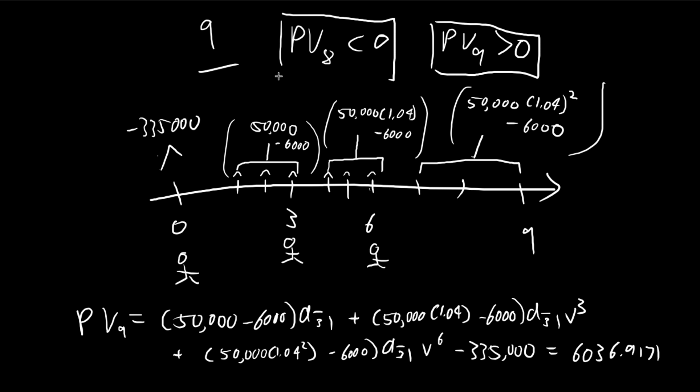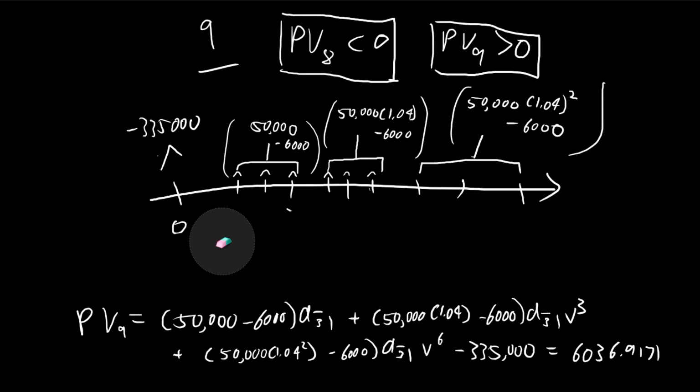We need to show that the value that you have at time 8 is smaller than 0. So the present value at time 8 is really just a slight alteration of the expression down here. So for the present value at time 8, we're just going to start with the initial outlay.